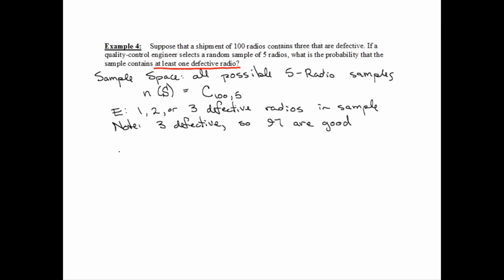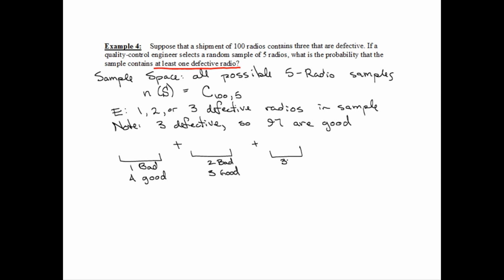So let's suppose that our possibilities are we could have 1 defective and 4 good in our sample. We're going to figure out the number of ways that can happen. Now we're going to figure out the number of ways that we can get 2 bad, and we have 5 in our sample, so that means 3 are going to be good.